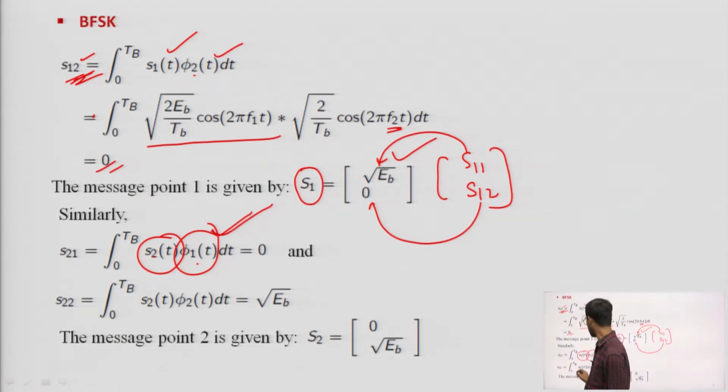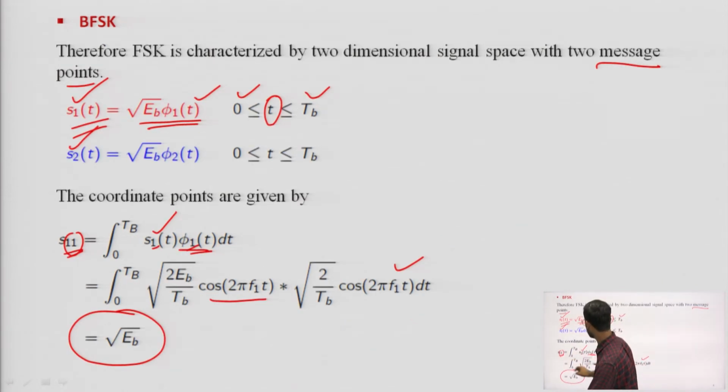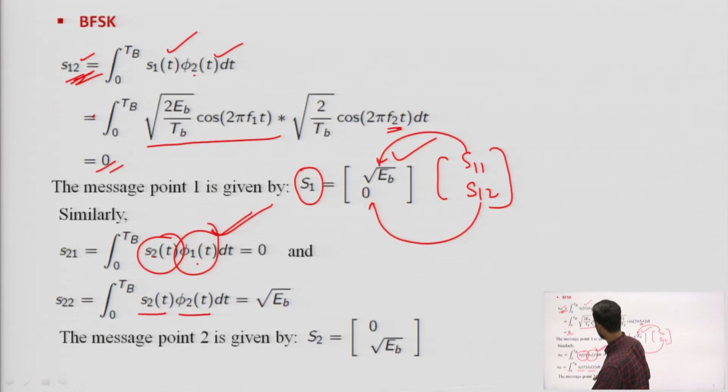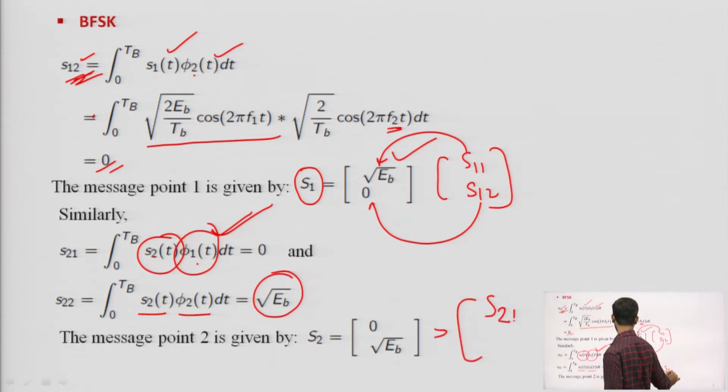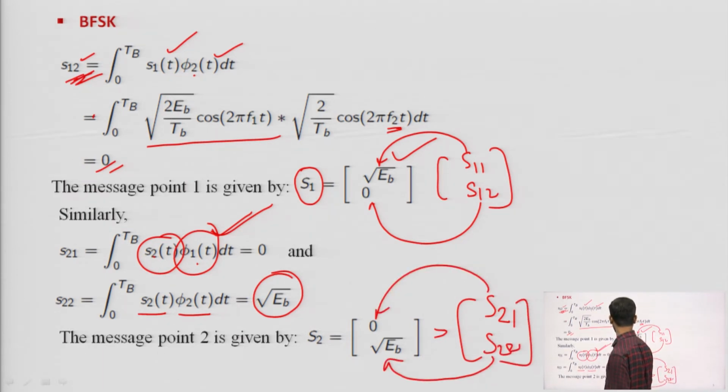And S22 is S2(t) multiplied by phi 2(t), and following this we get root EB. So the message point 2 is given by S2 equal to S21, S22, where S21 is 0 and S22 is equal to root EB. I have not calculated these in detail because I have already calculated S12 and S11; following the same method, we can calculate S21 as 0 and S22 as root EB.